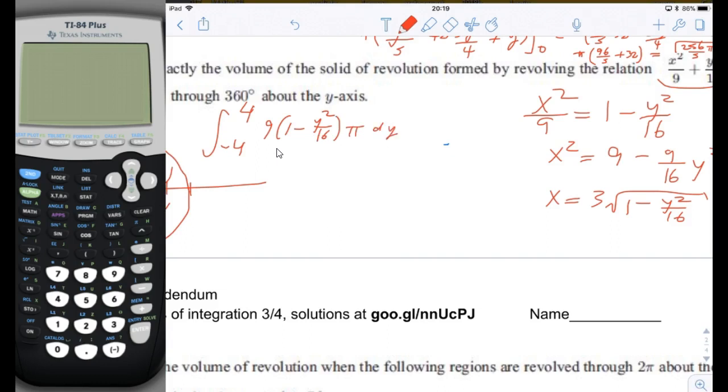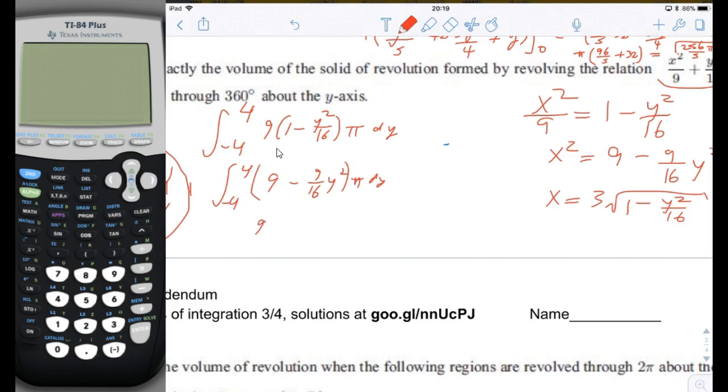Okay, this doesn't look too bad to integrate. So when I integrate this, I'm going to multiply out the 9 first, just so that I can make it a little easier to integrate. 9 minus 9/16 y squared times pi dy.